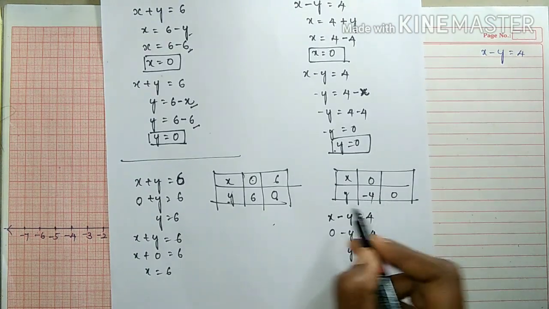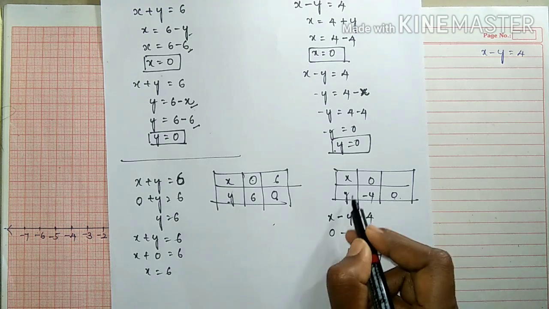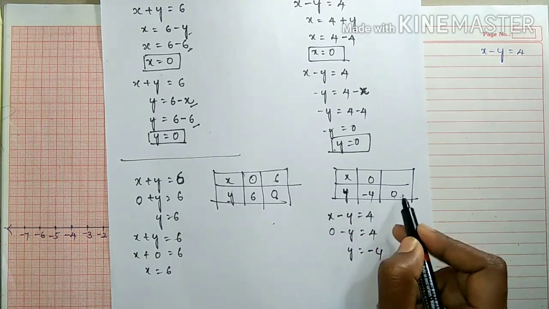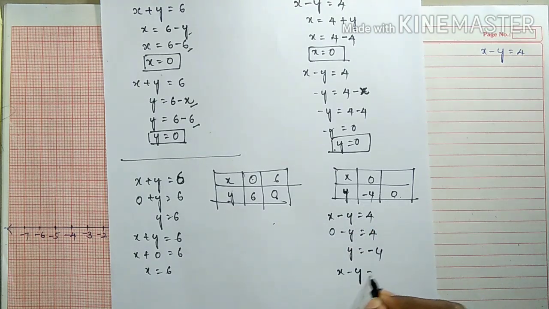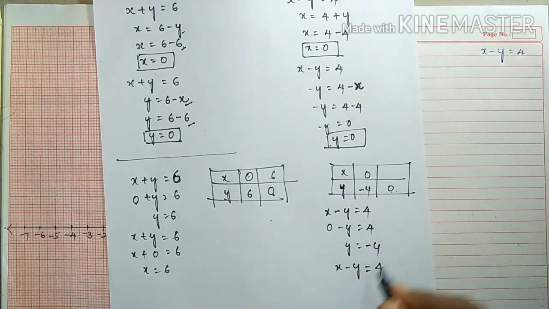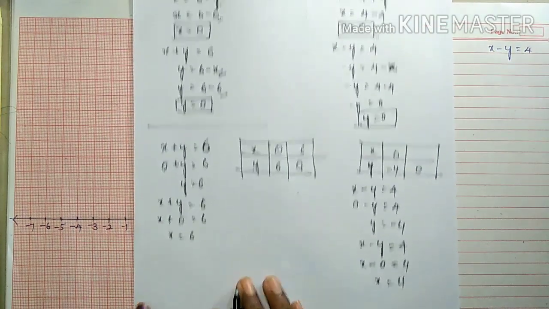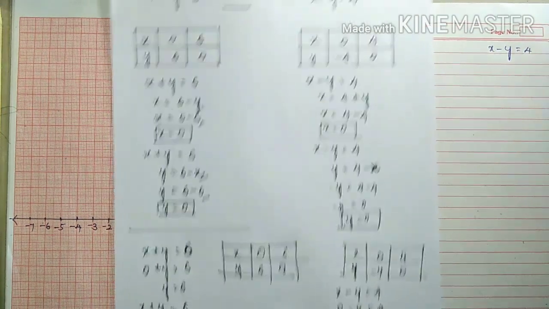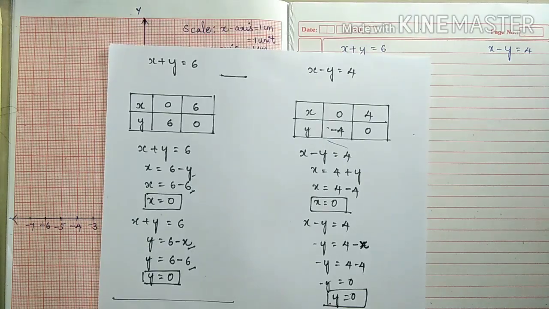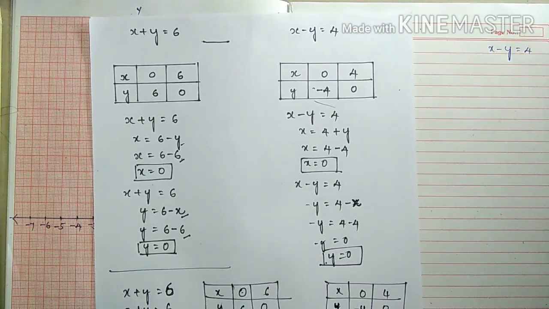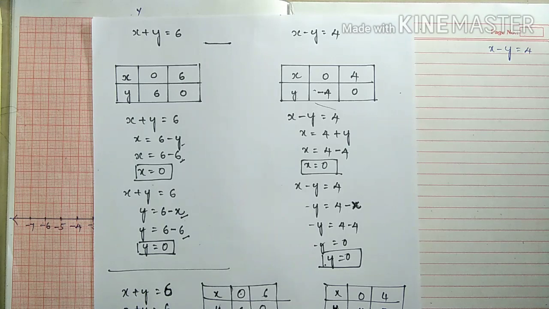And here the y value should be 0. That is x minus y is equal to 4, so we have to substitute y as 0. x minus 0 is equal to 4, x is equal to 4. So here it is 4. So we have two methods to solve the equations to find the points.